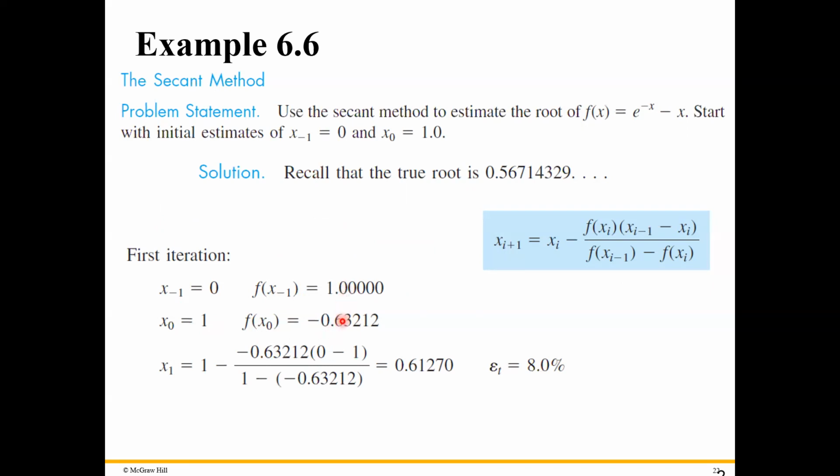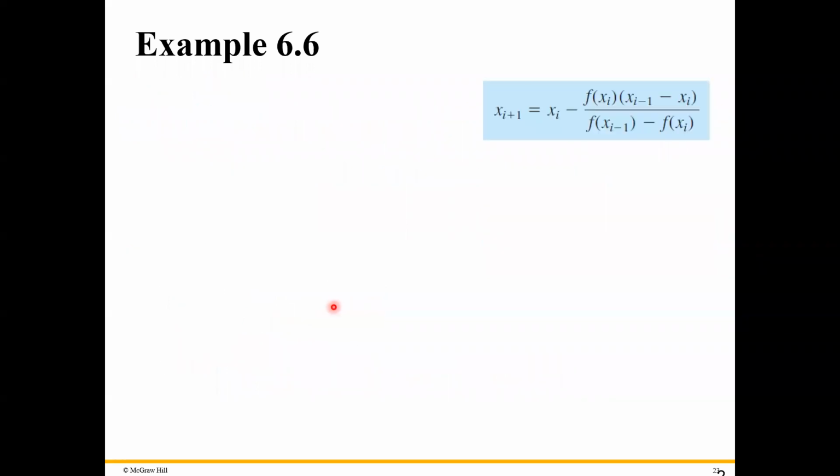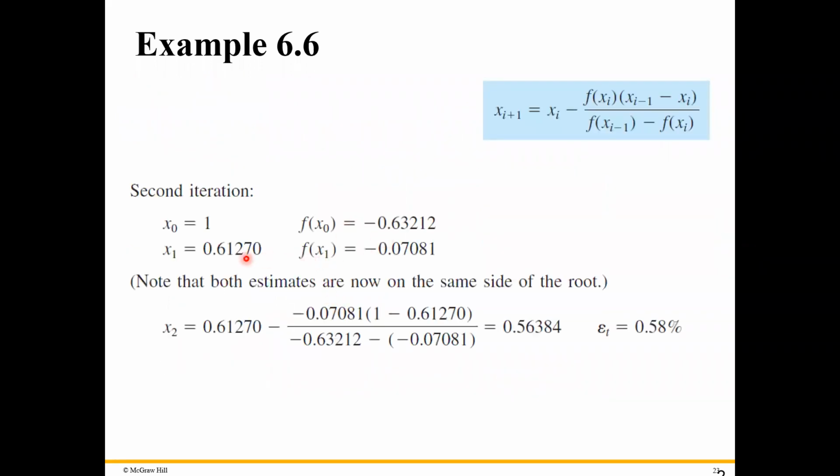They are of opposite sign. However, this is not necessary in this method; it is by chance that we have done it like this. But by doing this, we are facing the second iteration in this method where both the values of the function at both of these approximated values are on the same side.